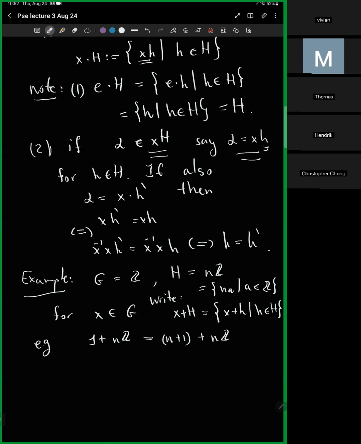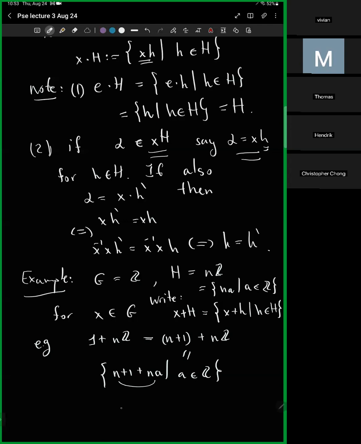Because if you open this up a bit, this is all the n plus 1 plus na, such that a is in Z. But if a is allowed to be in Z, then I can unite these two components.